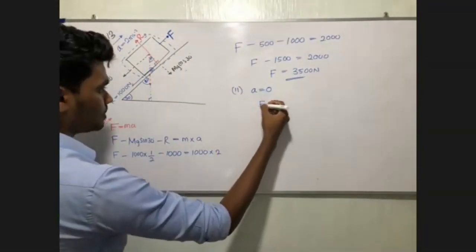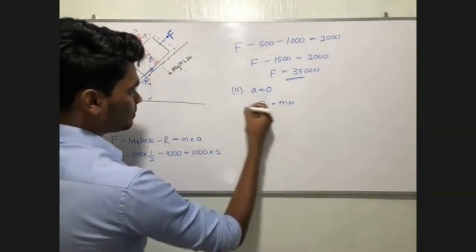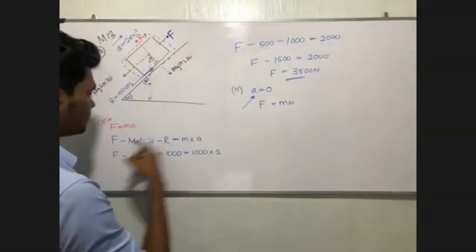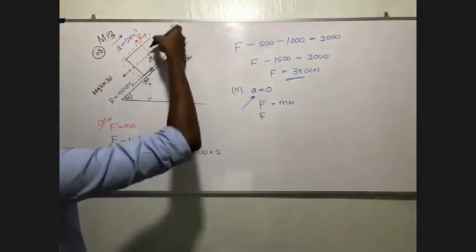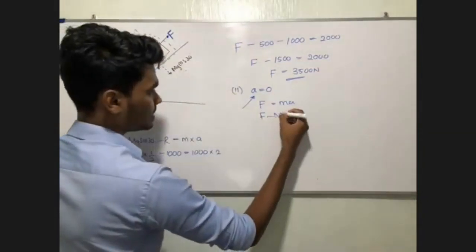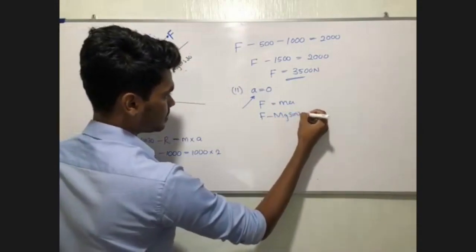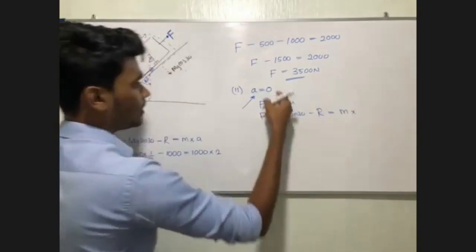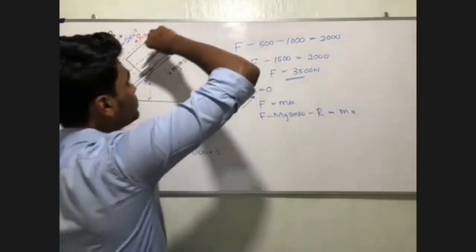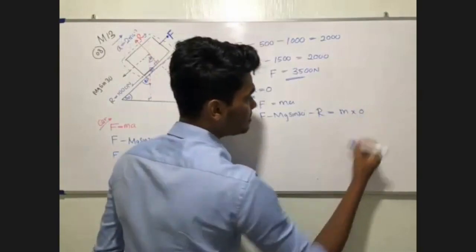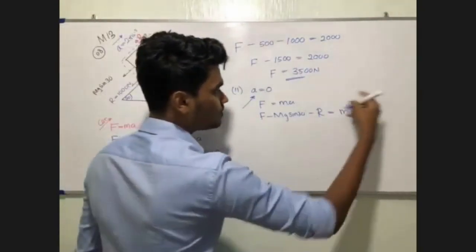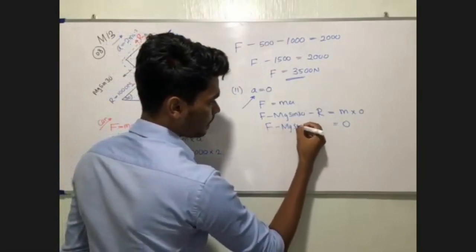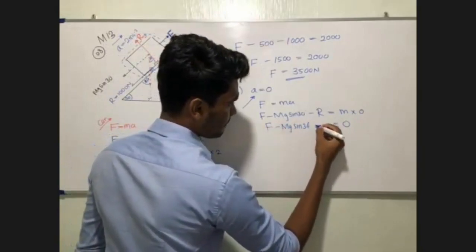Right? F equals ma. Once again, we apply along the inclined plane. F in this direction minus mg sine 30 minus R, the resistive force, equals mass into the acceleration. When the car is moving up with a constant velocity, acceleration is 0. This whole thing becomes 0. So F minus mg sine 30 minus R is 0.